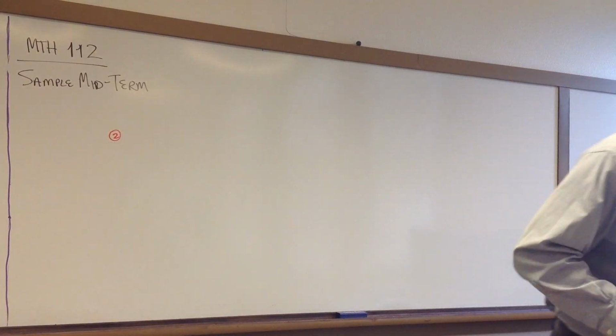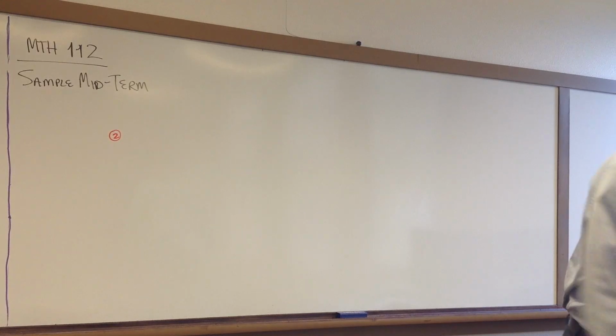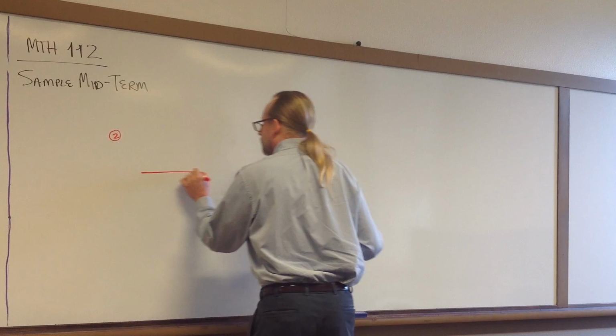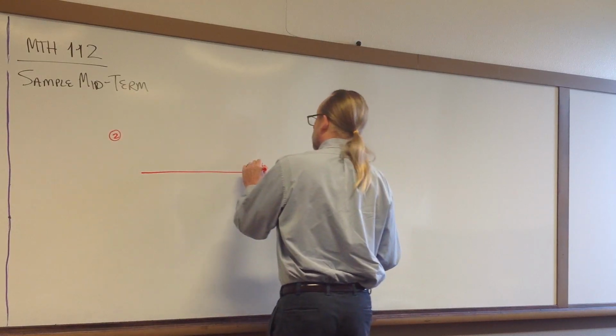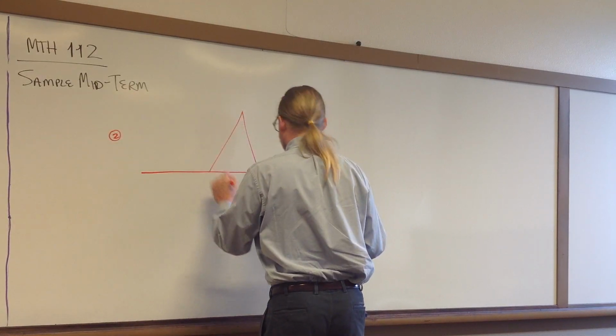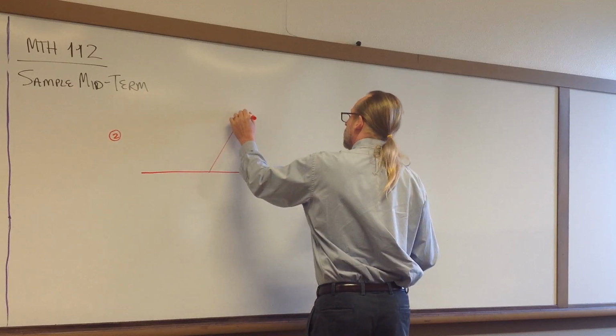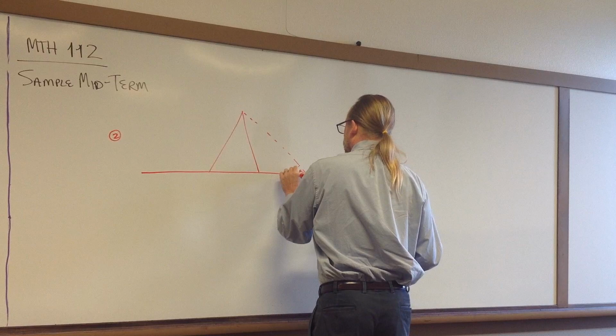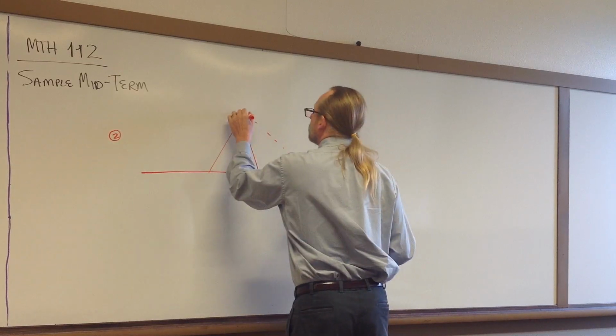Problem 2, we've got this mountain that we want to build a tunnel through. So the diagram looks something like this. There's the mountain. We've got an angle of elevation here of 47 degrees.